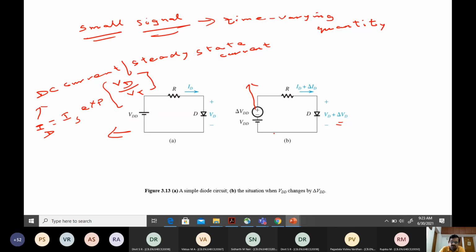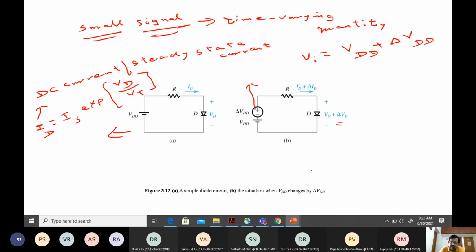Now what we must understand is that the input VI has become VDD plus delta VDD. This is the input, but this delta VDD can be anything.